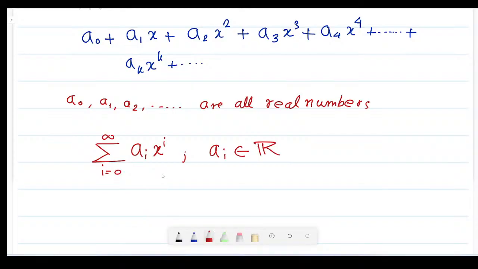Okay, and this i is a positive integer. That means the powers of this x, that is the variable, are all non-negative integers.